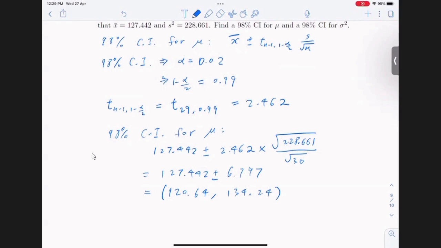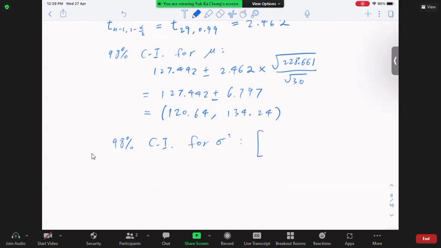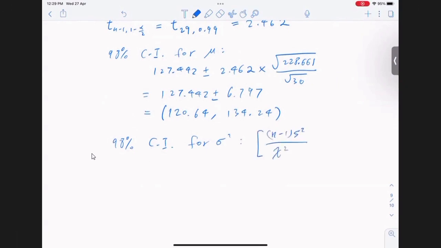Now for the confidence interval of the variance, we use the formula n minus 1 times s squared over chi squared, n minus 1, 1 minus alpha over 2. And the same numerator, with also the chi squared quantile.